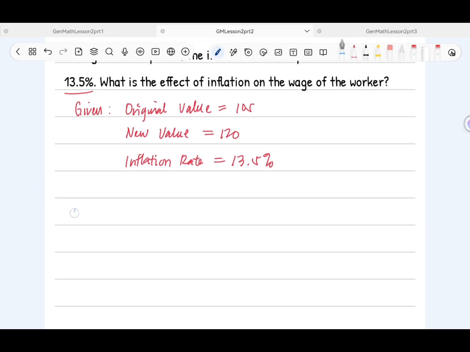And then for the computation, still let's follow the formula. So we have percentage change is equal to new value, which is 120 minus the original value, which is 105, over original value 105 times 100. Then let's subtract our numerator. So 120 minus 105.